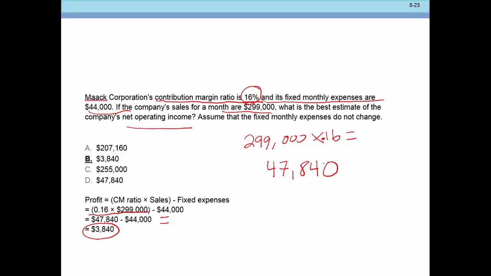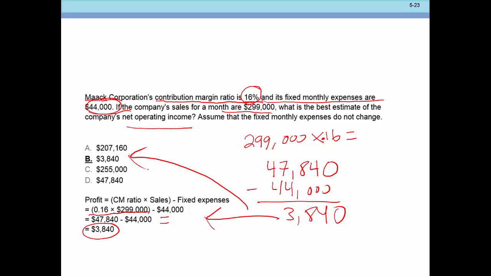Since 16% of each sales dollar first goes towards my fixed cost and then my profit. I subtract off the fixed expenses, which they told me were 44,000. That means I should be left with 3,840 for profit. You can see I'm rewriting the explanation. But is that how that works?